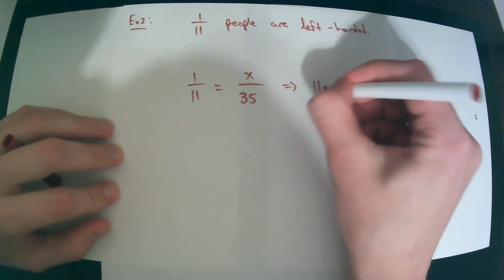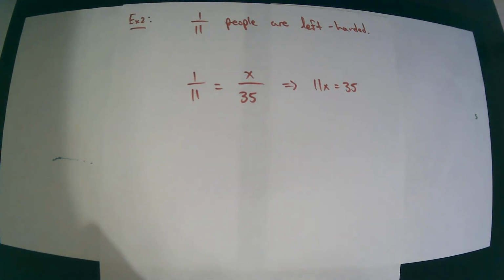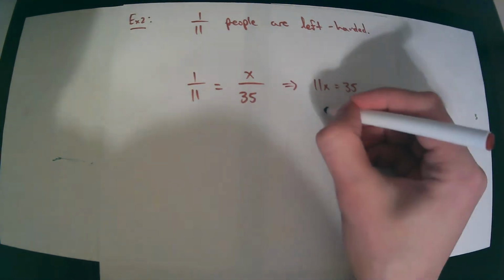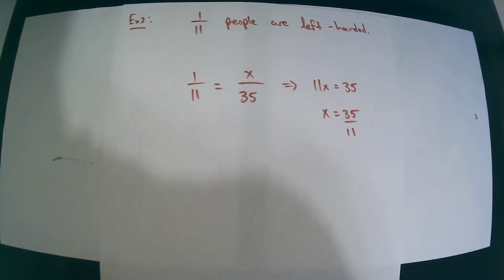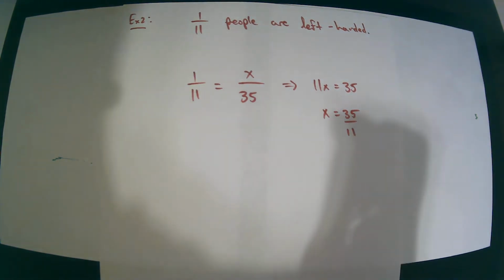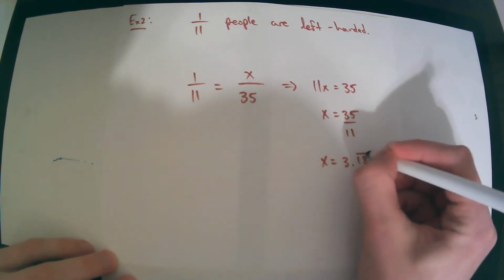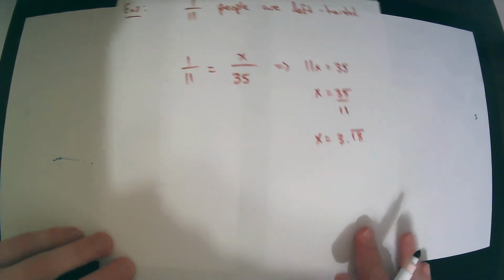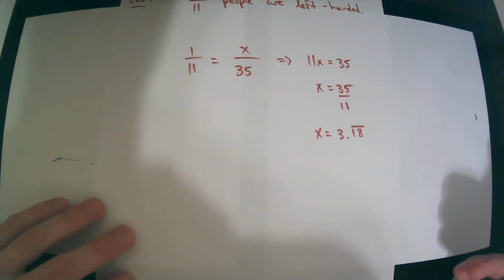So I'm going to have 11x is equal to 35. Okay, so that means x is going to be 35 over 11, which gives me 3.18 repeating. So as a pure number, it's 3.18 repeating. In the context of the problem, it's saying to estimate how many people in this class are left-handed.